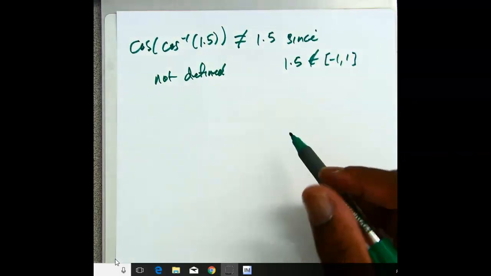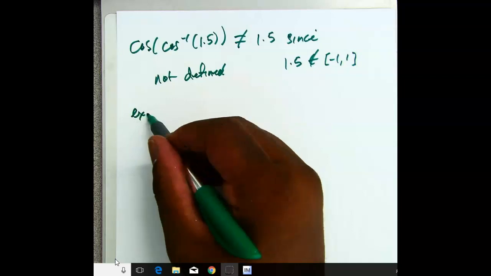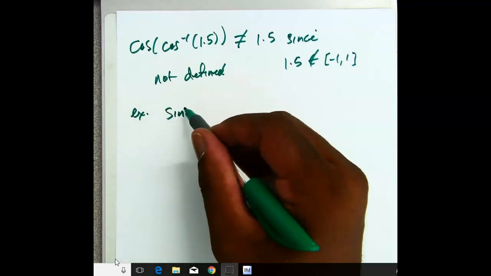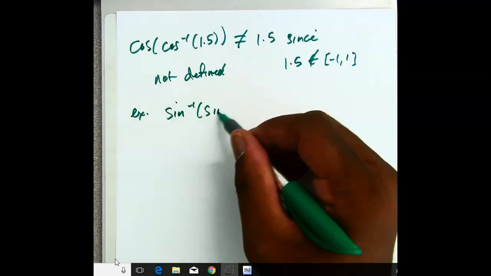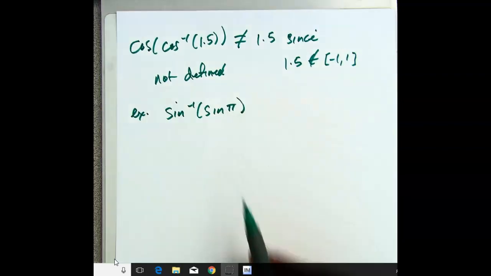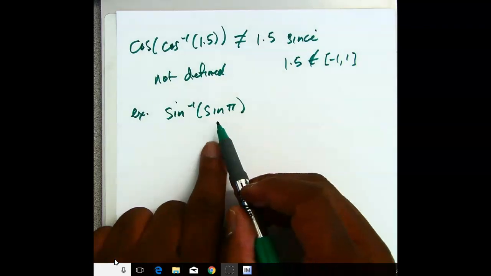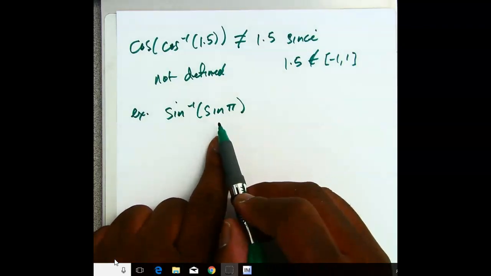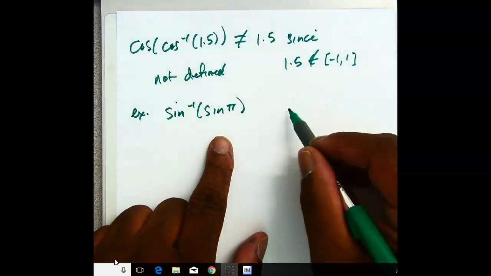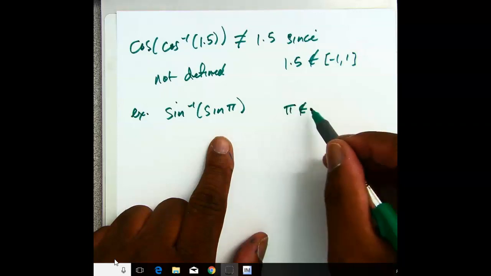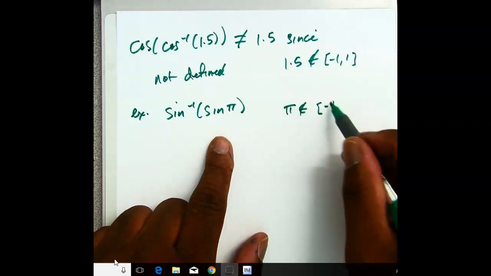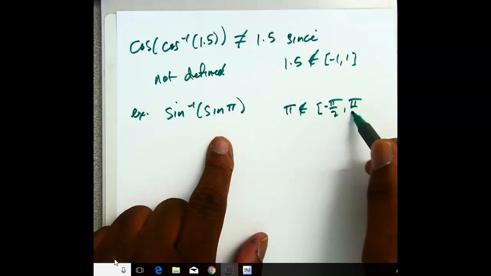Okay. One more example. Inverse sine of the sine of pi. Okay. So here we restricted our domain for sine between negative pi over 2 and pi over 2. So pi is not between negative pi over 2 and pi over 2.